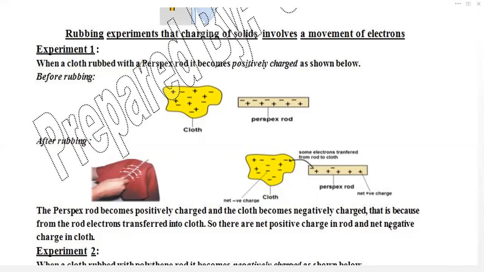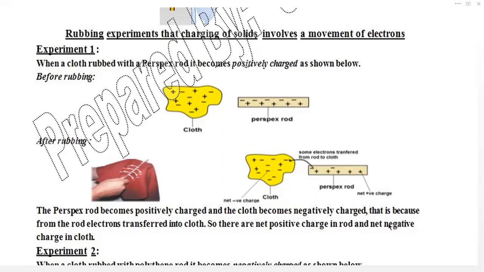After rubbing, due to the excess of positive charges, the perspex rod becomes positive. So we can say the perspex rod is positively charged. So this is the method by which, after rubbing, electrons will shift from one object to another.